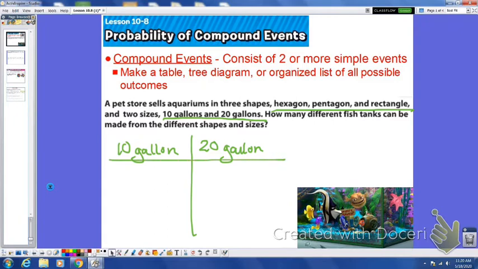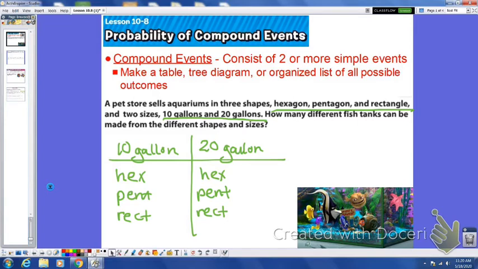Then under each of them, so for my 10-gallon tank, it could come in the shape of a hexagon, a pentagon, or a rectangle. Same thing for the 20-gallon, so we could have a 20-gallon hexagon, a 20-gallon pentagon, or a 20-gallon rectangular tank.